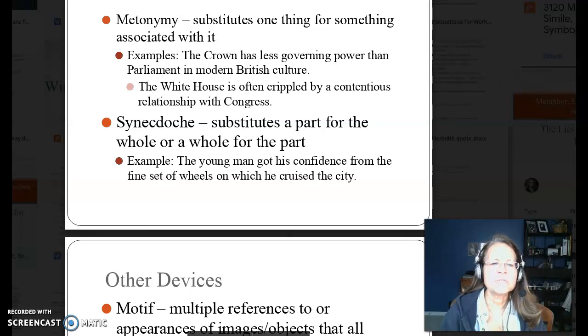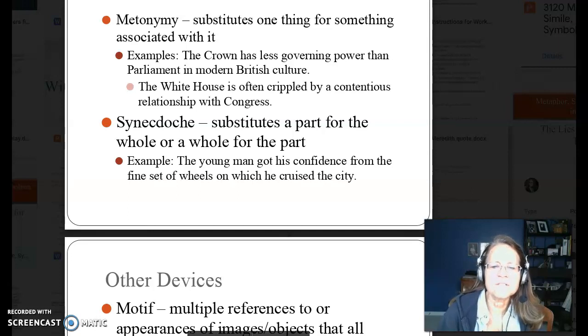We might use the figure of speech as a shorthand. So I might just say the crown has less governing power than parliament in modern British culture. Or I might say the White House is often crippled by a contentious relationship with Congress. I'm not speaking about the White House itself. I'm not speaking about the Senate room or the gathering of people. I'm referring to the individuals who work in those two contexts.